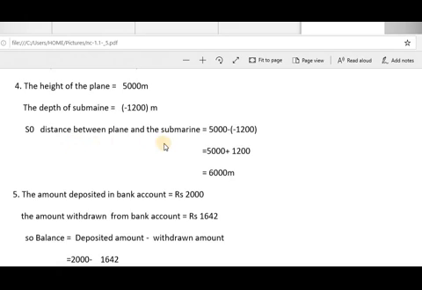So the distance between the plane and submarine will be 5000 minus bracket minus 1200, and when minus is multiplied by minus, it will be plus. So 5000 plus 1200 is added, and it will be 6200 meters.